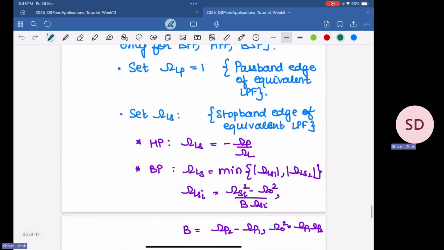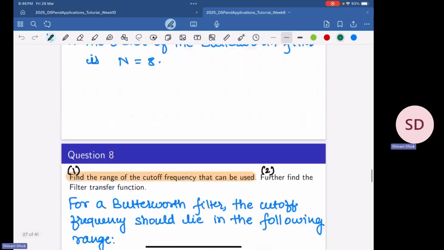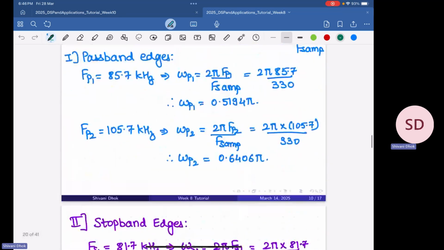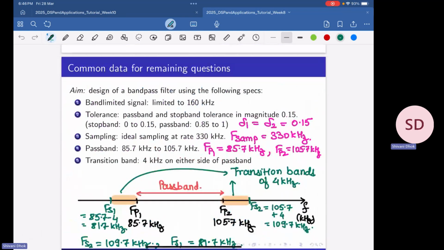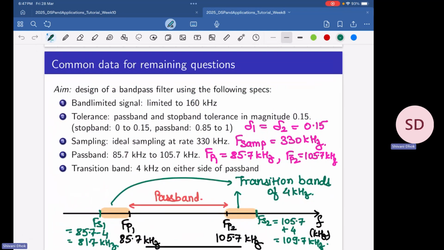Yeah. So this is exactly the same question which we had solved in the week 8 tutorial of this course. Exact same specifications, but for this we had used a Butterworth filter.